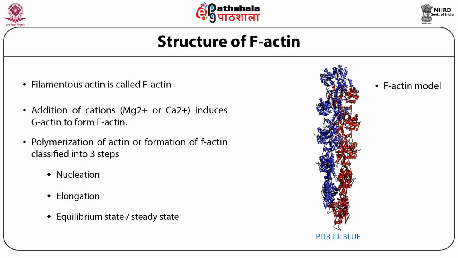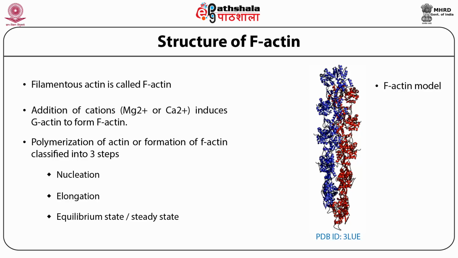Here you can see the F-actin structure where one monomer sits over the other monomer. So 3 come together to form a nucleus, or you can also take 2 as a nucleus. Basically, it's 2 parallel actin polymers which twist to form a longer F-actin structure.